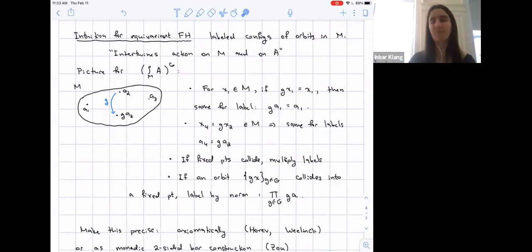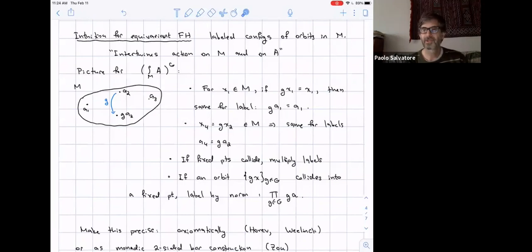But the interesting thing comes in when we say a bit more about that action. Describing the fixed points is a way of saying more about that action. It's saying that in the fixed points, if we have points that are in the same orbit, then their labels must also be in the same orbit. If a point is fixed by the action, its label must also be fixed by the action. So those are things in that space of configurations that are fixed by the action of G on that space of configurations.